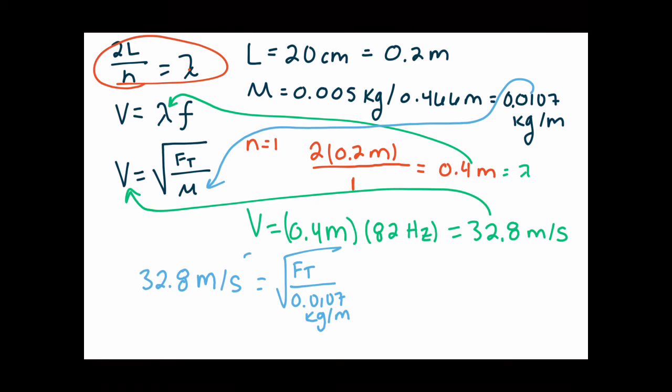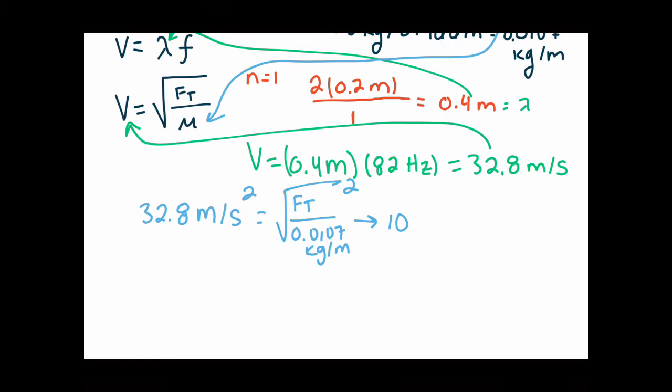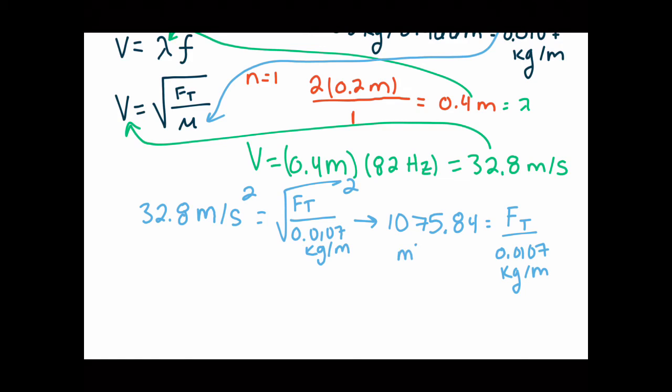To do that, I'm going to square both sides. If I plug that into my calculator, I get 1,075.84 equals force of tension divided by 0.0107 kilograms per meter. And this over here is going to be meters squared per seconds squared.